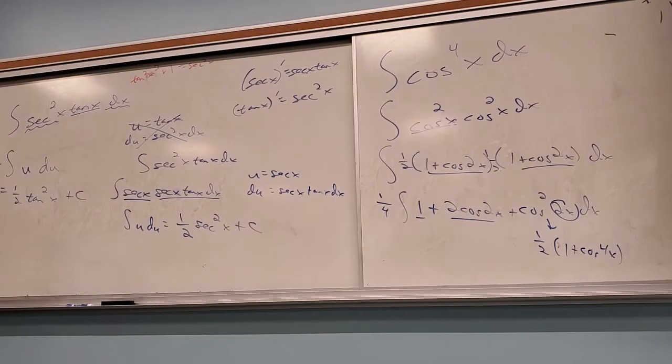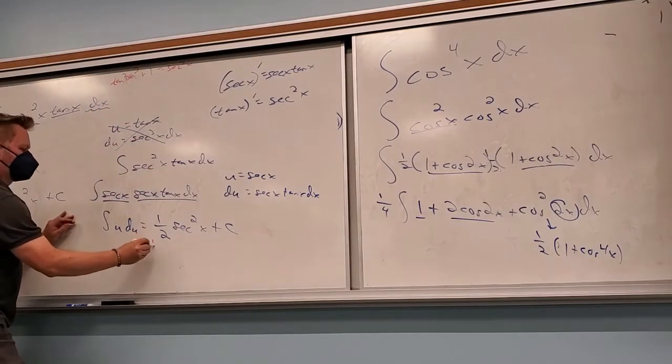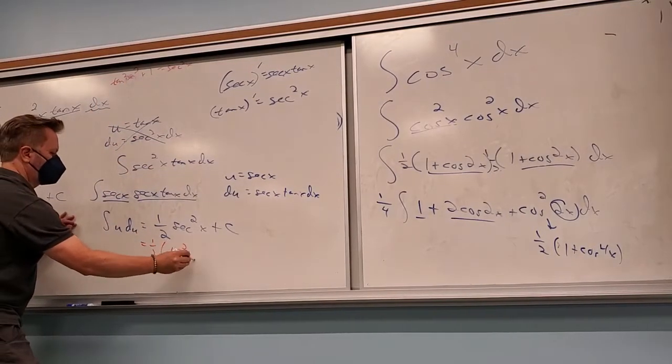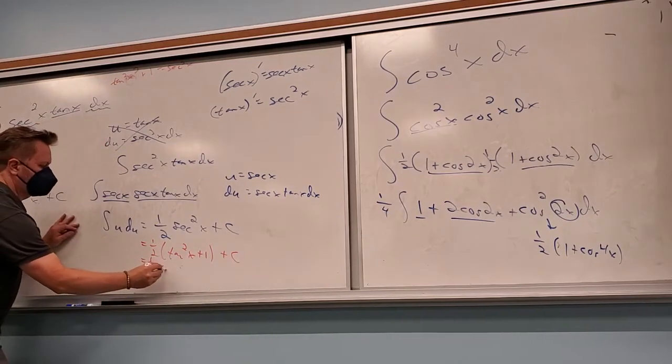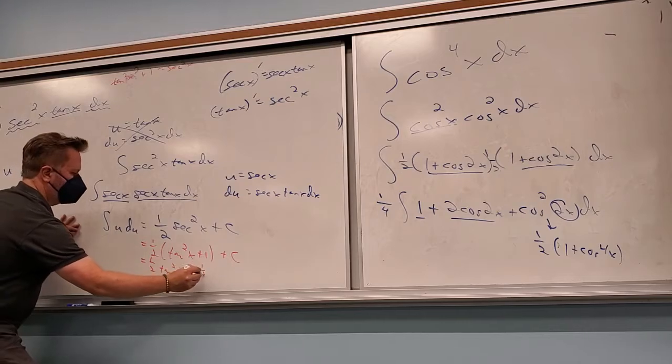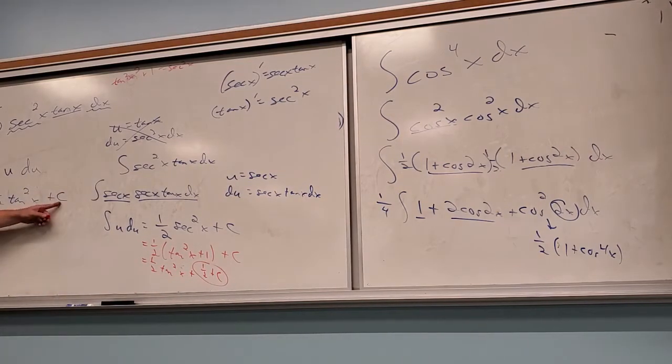So I can replace this with tan squared plus 1. Right? And then this is 1/2 tangent squared x plus 1/2 plus c. And isn't this together a constant? Which is what this one is.